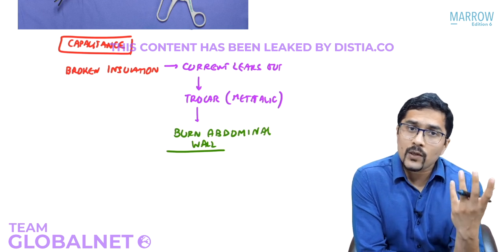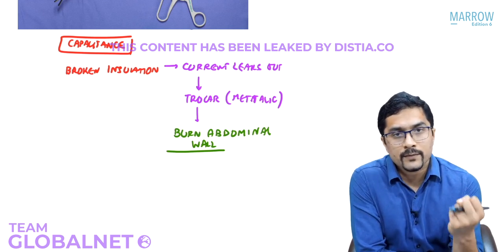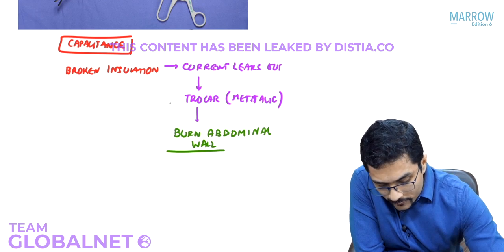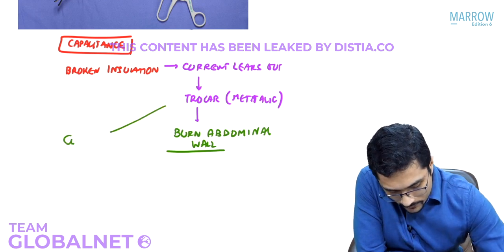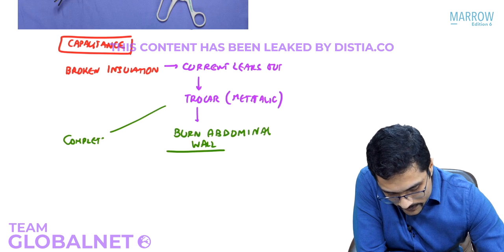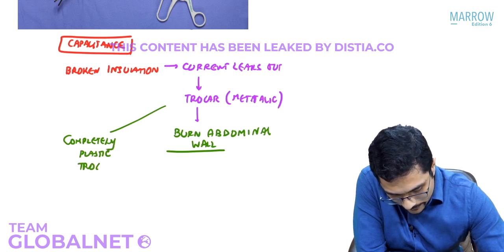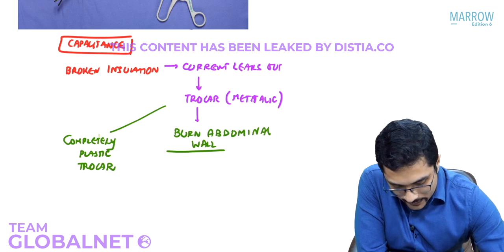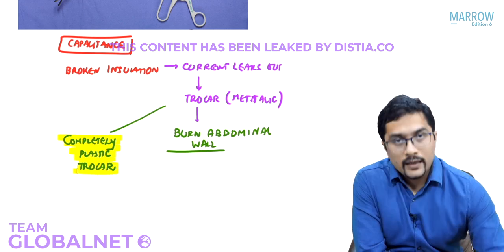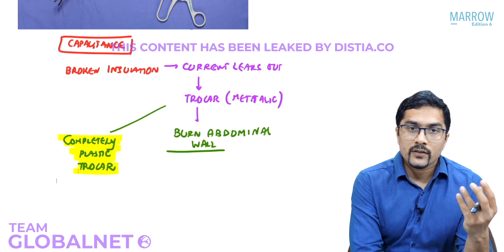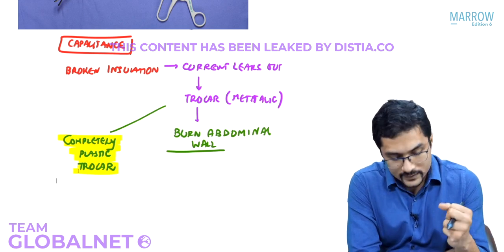But is there any other way we can prevent capacitance? Yes. Instead of using a metallic trocar, if we use a completely plastic trocar, plastic does not conduct current, and we can prevent this injury, or we can prevent capacitance.